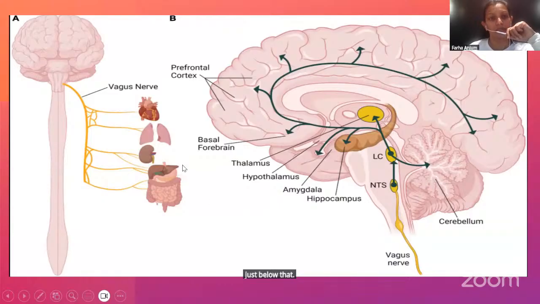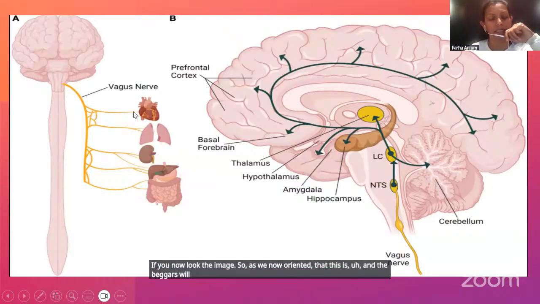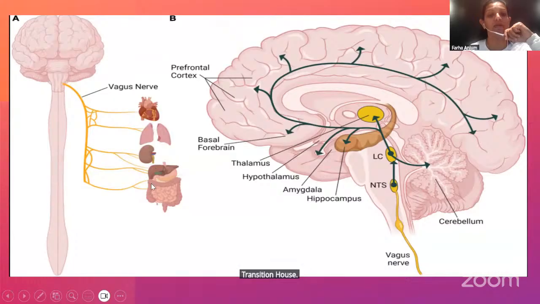If we now look at the image, as we are now oriented, this is our midbrain and the vagus has a wide distribution. That means innervation to the heart, the lung, the kidney, liver, and spleen.